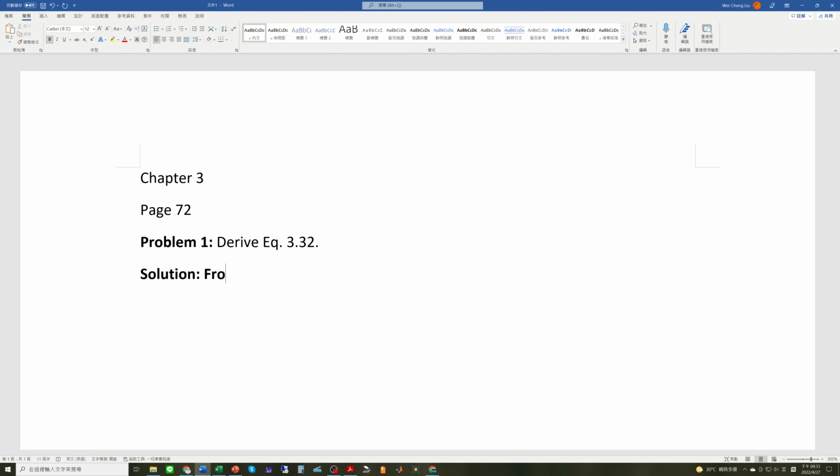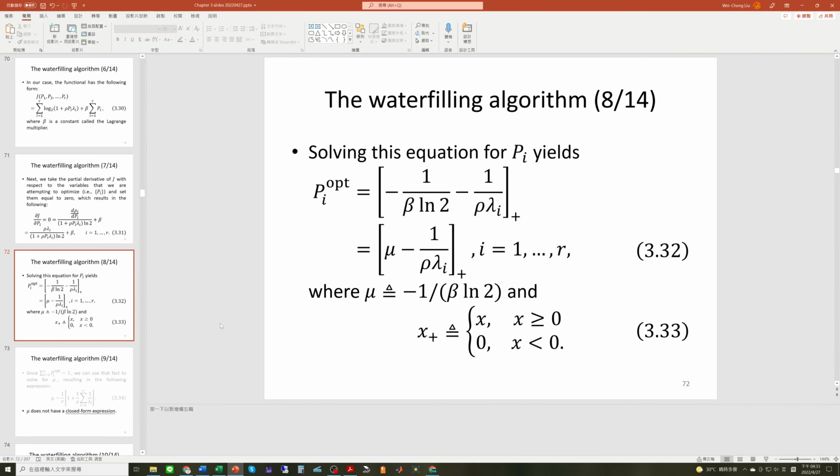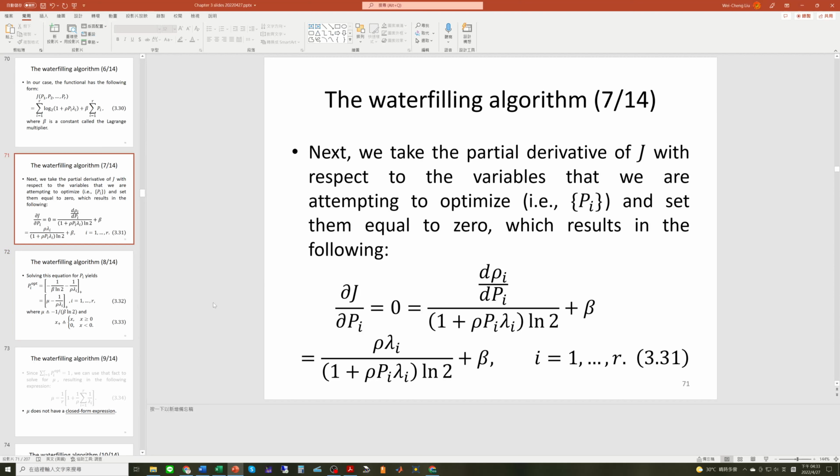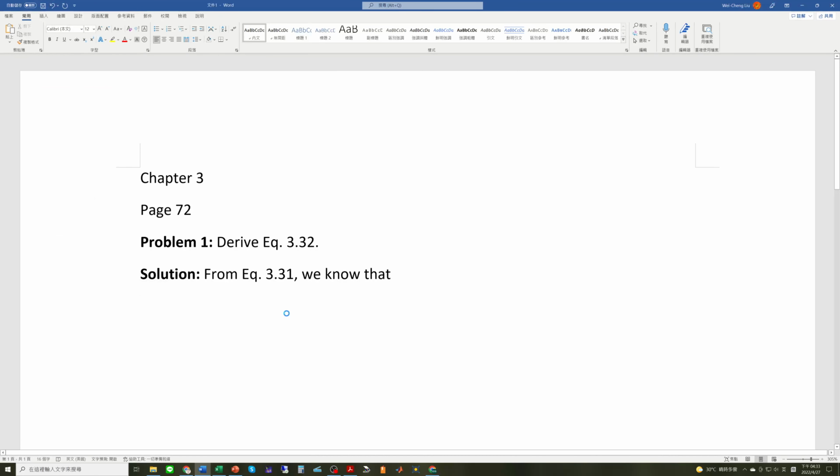From equation 3.31, we know that. Let us go to equation 3.21. We need to copy this and paste here.